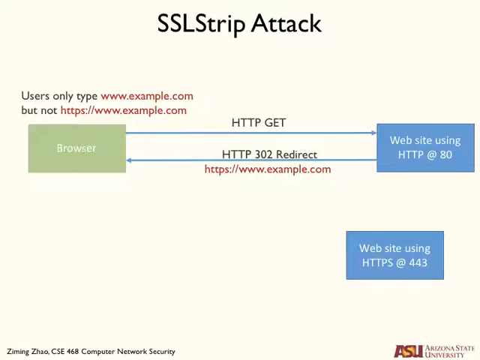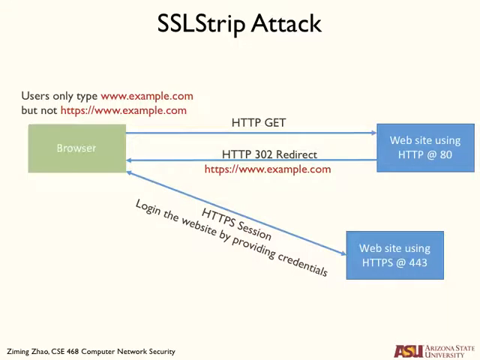The browser will automatically redirect to the secure version of the website, and the user doesn't really need to do anything. So the browser will establish a secure HTTPS session with the secure version of the website. Then the user can log in to the website using her credentials.